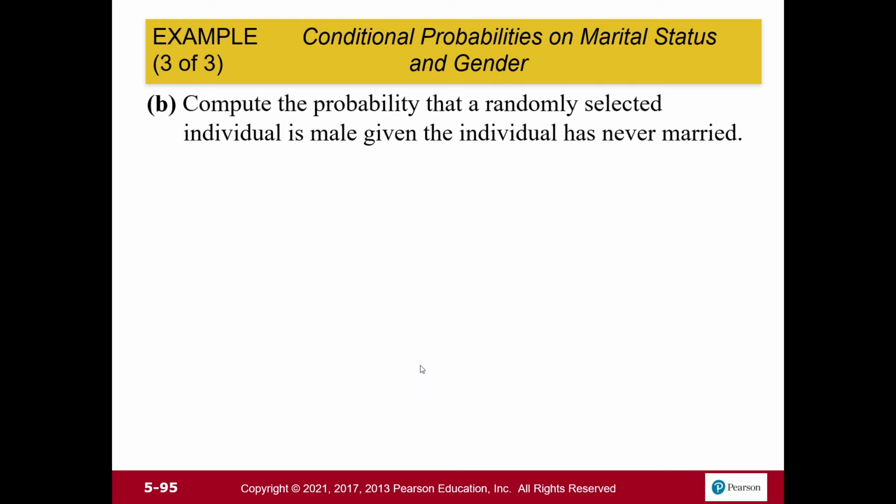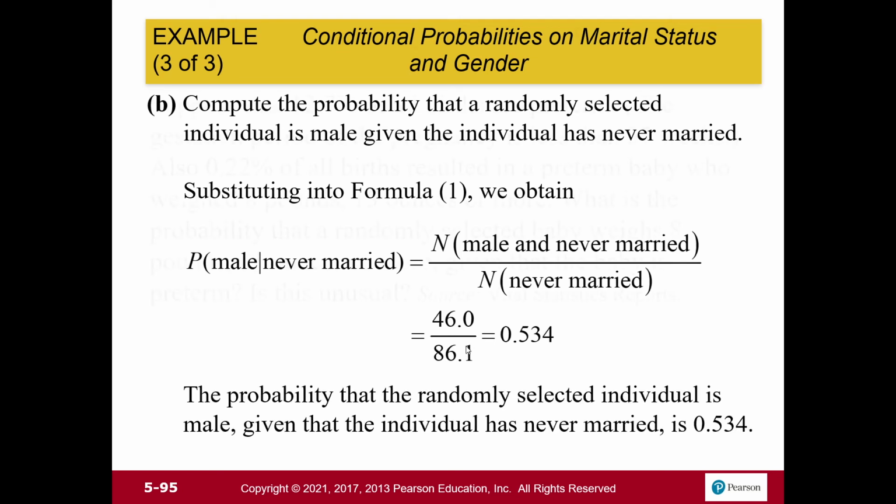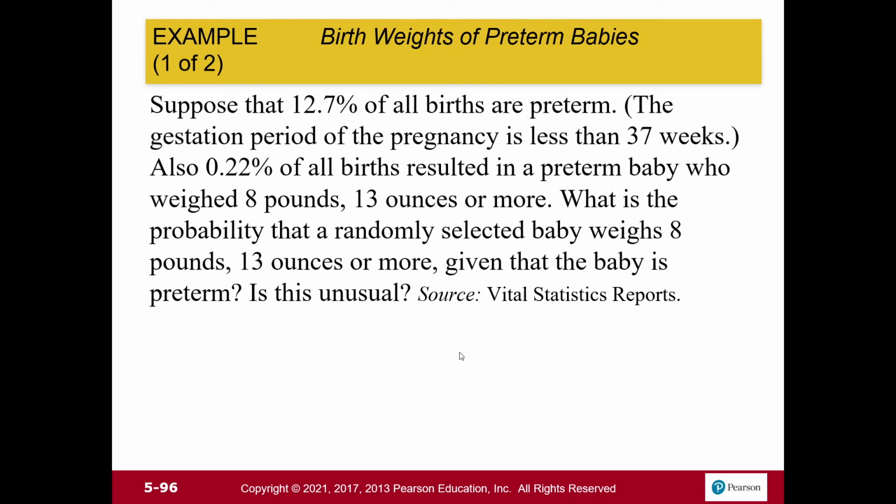Compute the probability that a randomly selected individual is male, given the individual has never married. So this time the given never married is the restricted total column, and then it's out of the number of males who've never married. Alright, pretty straightforward.